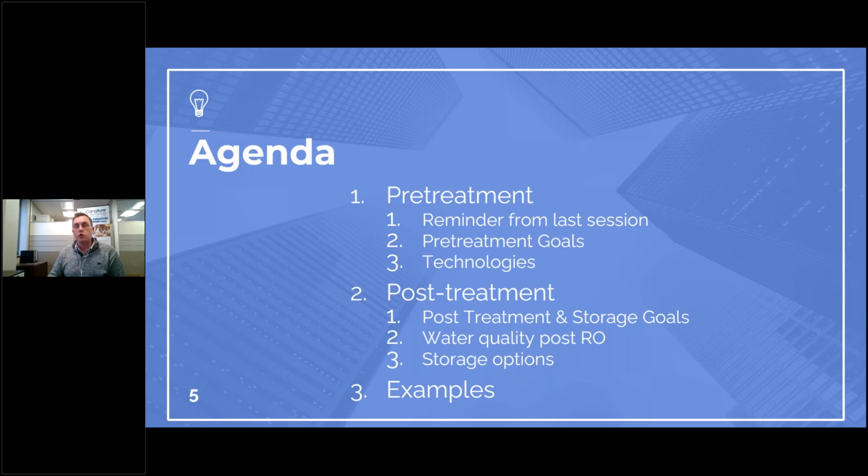We're going to be looking at pre-treatment goals and what technologies you're going to be looking at to achieve those goals. Then we're going to be looking at post-treatment and storage. Once again, what are the goals that we're trying to achieve with this equipment? Then looking at what the water quality looks like after an RO system and how that impacts our goals, and then also our storage options. Lastly, we'll finish off with a couple of examples.